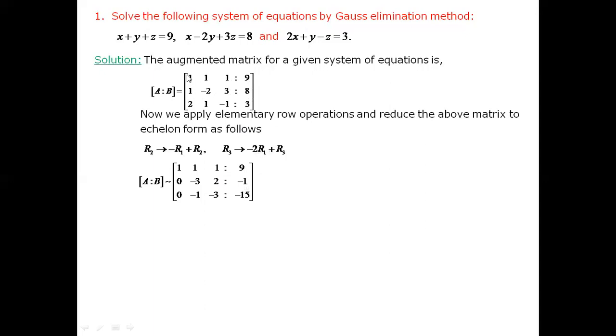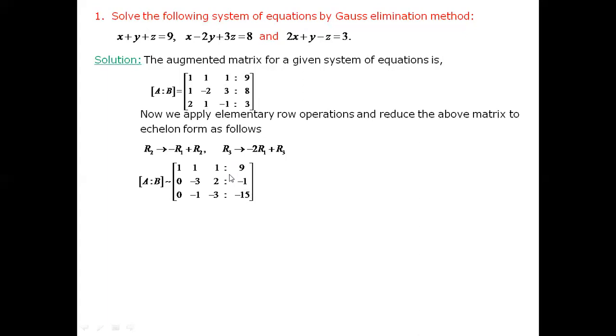And this is minus 2 times R1, so you multiply this by minus 2. I get minus 2, minus 2, minus 2, minus 2 into 9, minus 18. Add with the last row: minus 2 plus 2, 0; minus 2 plus 1, minus 1; minus 2 minus 1, minus 3; minus 18 plus 3, minus 15. So if I use these operations, we get this.